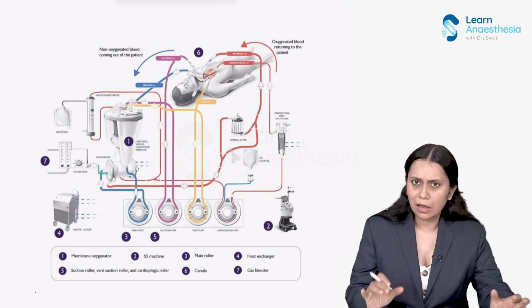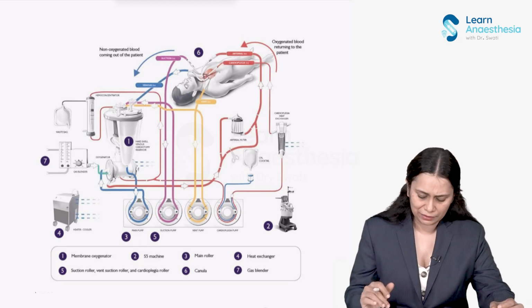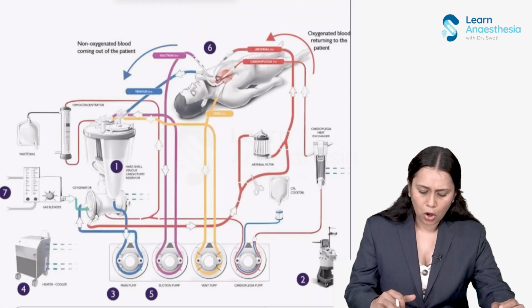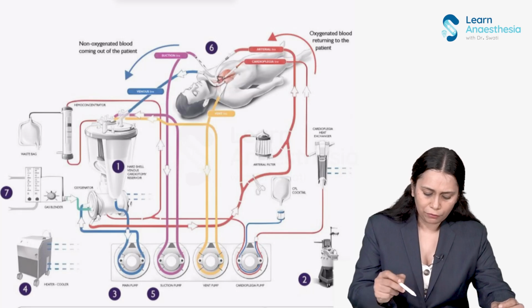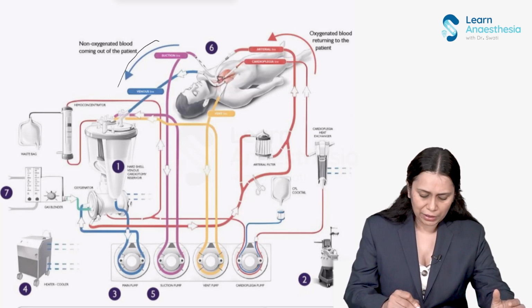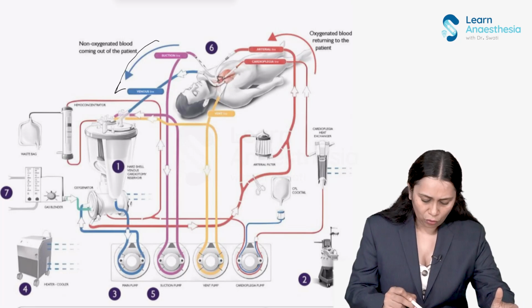So this is our basic design of CPB. I have even simplified this design. So as you can see in this, the non-oxygenated blood from the heart, coming out from the patient, goes into a collector, and from that it will go into the oxygenator.